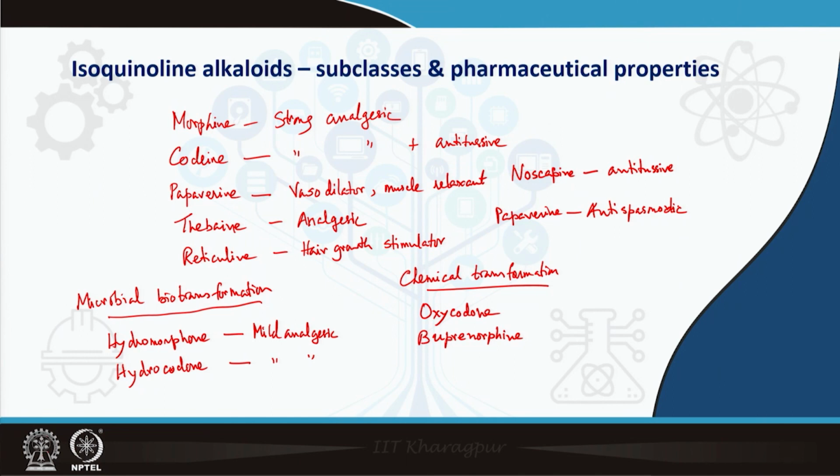Other examples are ipecac. For ipecac, this emetine is basically extracted from ipecac. So, that is used as a poison antidote. Emetine.